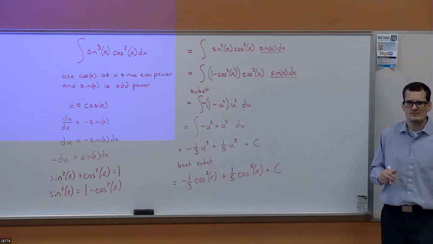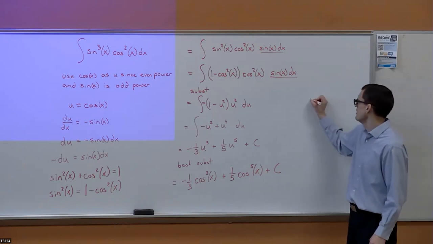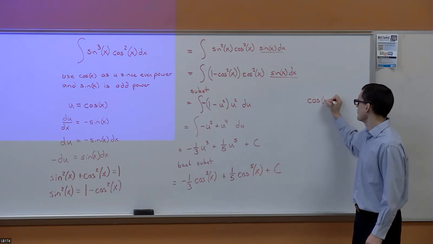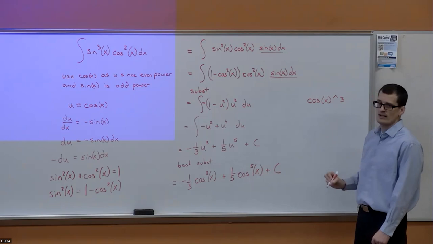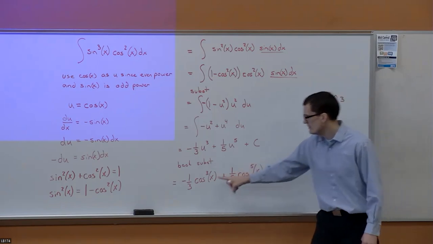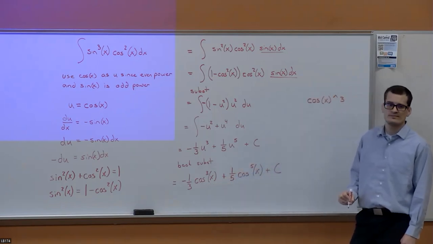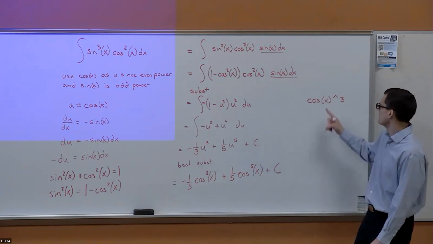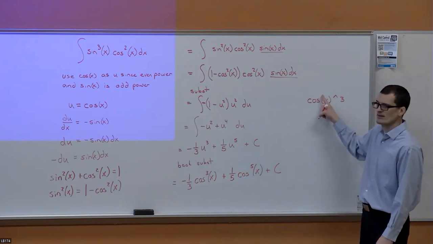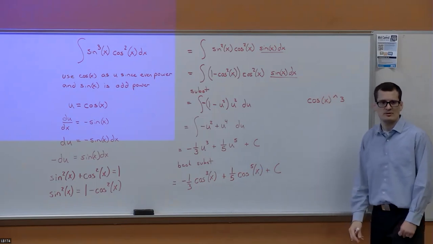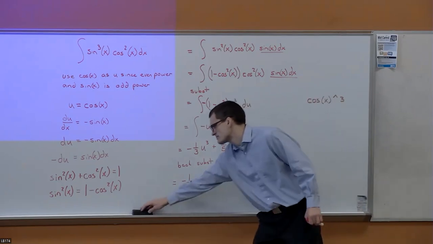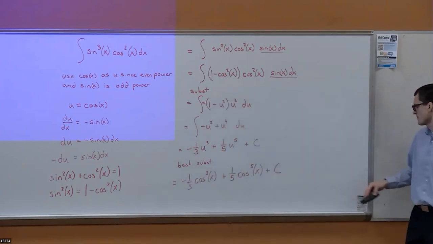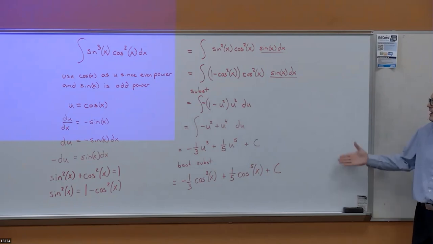Does that make sense? So when you write cosine to the 3rd in Moodle, you write cosine parentheses x and then caret 3, and then Moodle will make it look like that. But if you put the caret in here, Moodle doesn't recognize it. And that's it. That's the whole thing.